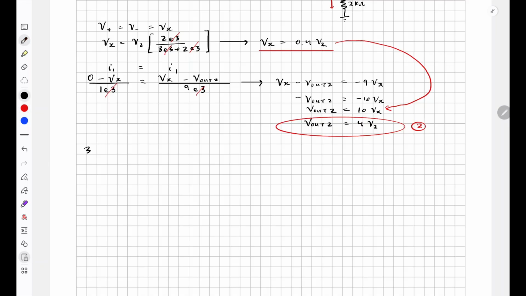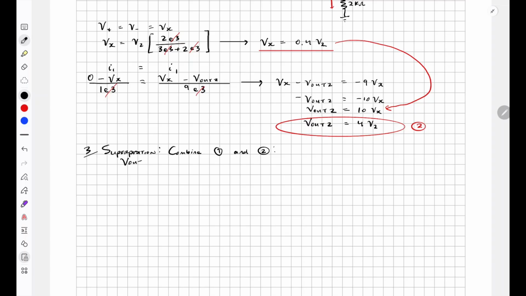Now step 3 is to do the combined superposition. Superposition means combining superposition 1 with superposition 2.